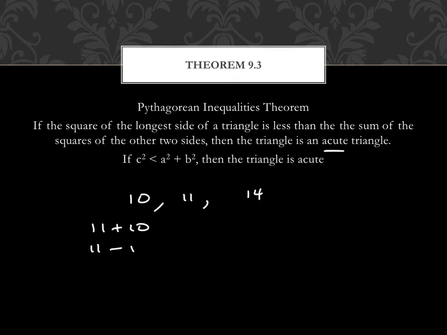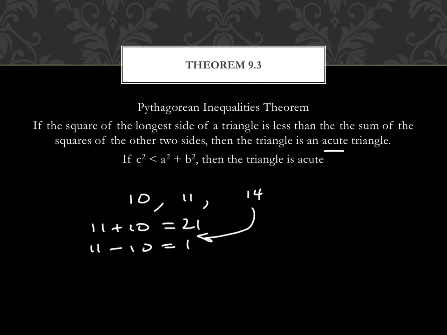And if that biggest side was in between this sum and difference, which it is, then you knew these 3 numbers formed a triangle. So you always need to check to see if the numbers actually do form a triangle. And then if they do, then you do the A squared plus B squared and see if it equals or is less than or greater than the C squared.